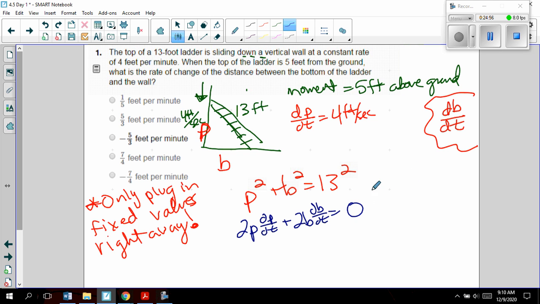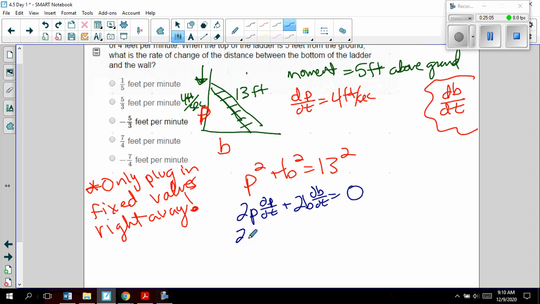Derivative of a constant is 0. Okay, I go plug in what I know. So I know dP dt is 4. So I've got 2, I do know P, because now I can plug my moment in. So that's what I meant by right away. Now that you're finding this exact moment, now that 5 can go in for P.